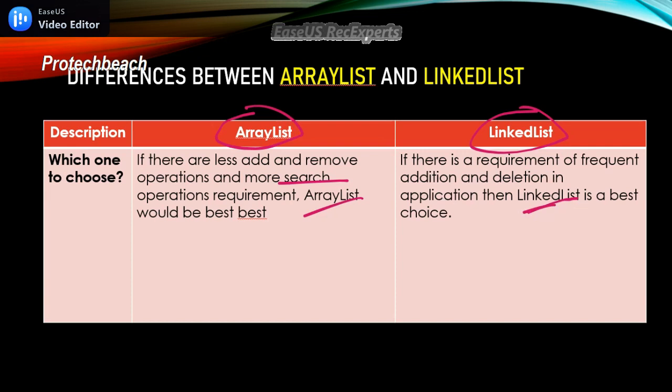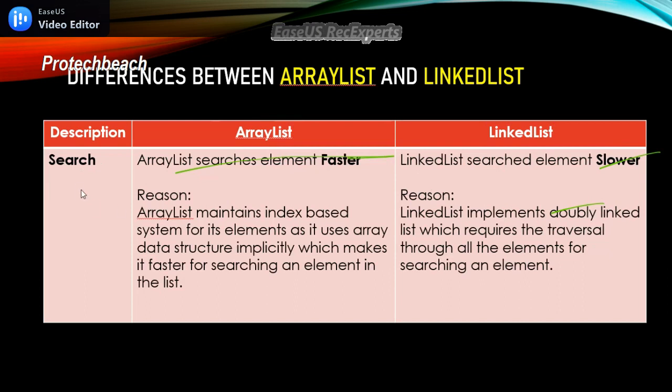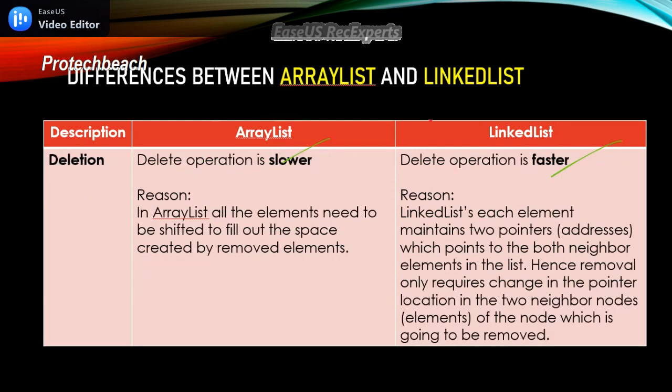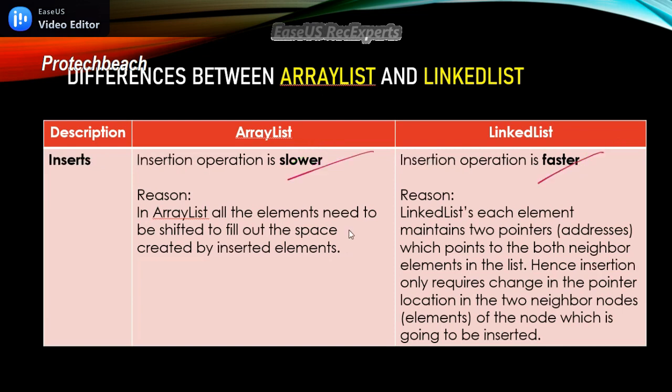So in this video we saw some of the similarities and also the differences between the ArrayList and LinkedList. In brief, we can say search operations are faster in the ArrayList compared to the LinkedList, and in terms of delete operations, the ArrayList is slower compared to the LinkedList. Insertion, again, is slower in the ArrayList and faster in the LinkedList.